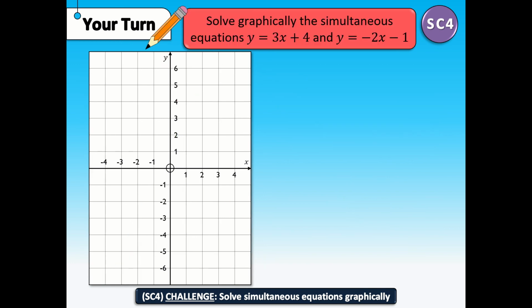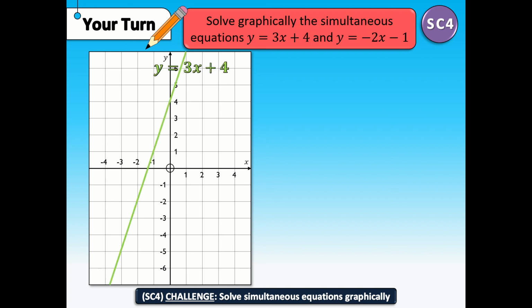Here's a question for you to have a go at. Pause the video, and when you're ready to see what you should have done, press play. So we want to solve these pair of simultaneous equations graphically.